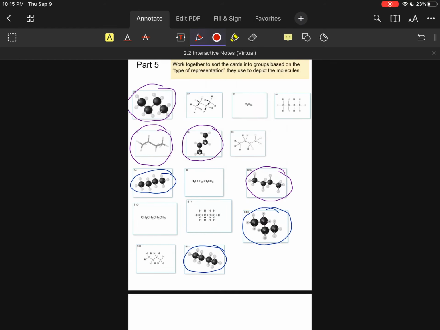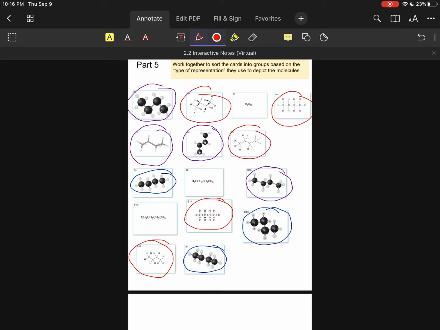And then I had these. These looked like carbons and hydrogens that were just connected by some lines. And this one falls in that group too. I don't see anything about the size of the atoms, which I could tell from the other ones, that carbon was larger than hydrogen.